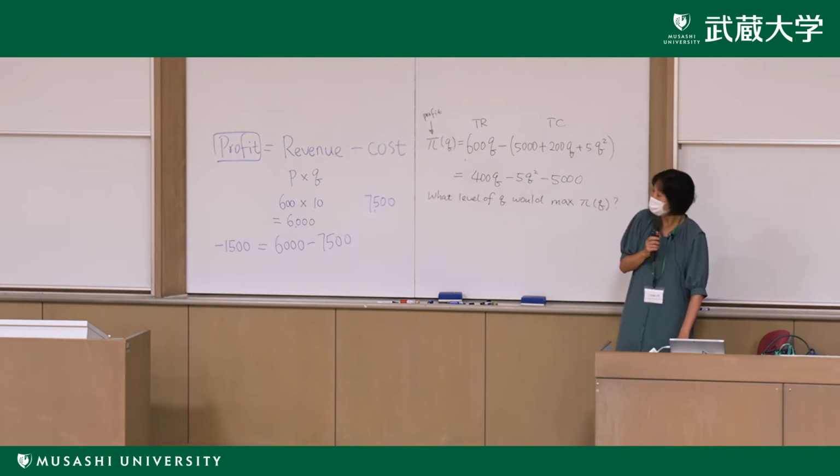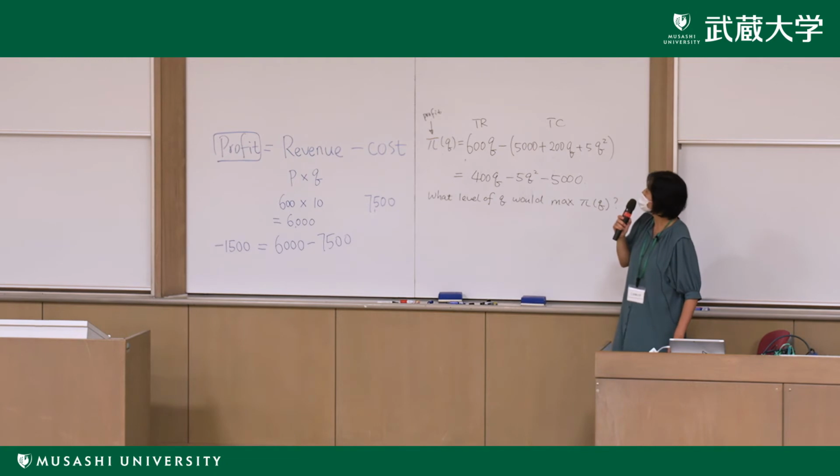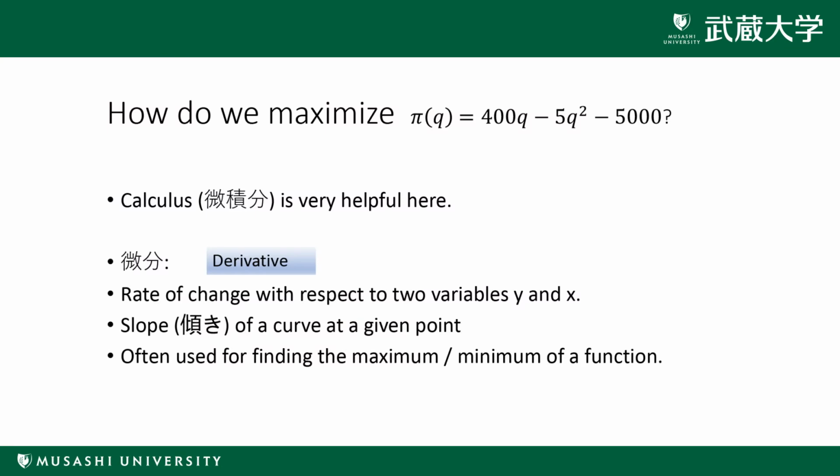Okay, so then how do we do this? There are many ways to do this. The way that we are going to introduce is to use calculus. Okay, so calculus in Japanese is bisekibun, right? Basically in my course, we will study bibun and sekibun separately.